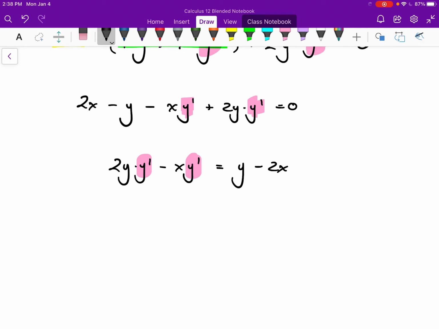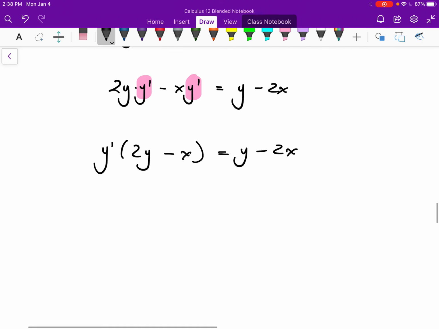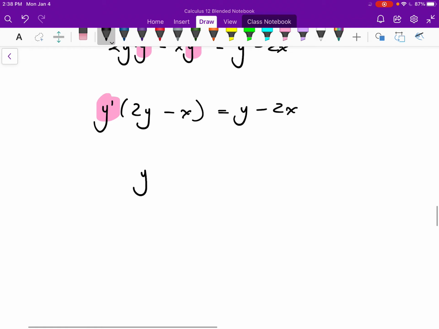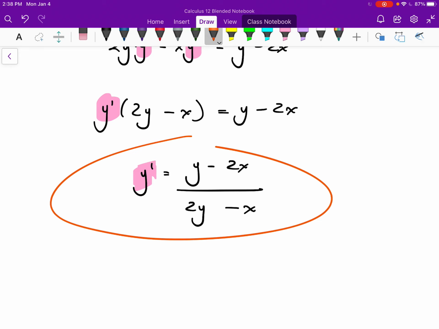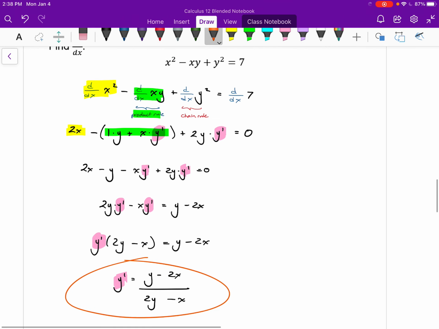Take out a factor of y prime from the left-hand side, and we're pretty much done. And so y prime, or dy dx, is y minus 2x over 2y minus x. And so in doing so, notice we have to use the product rule and the chain rule in our implicit differentiation.